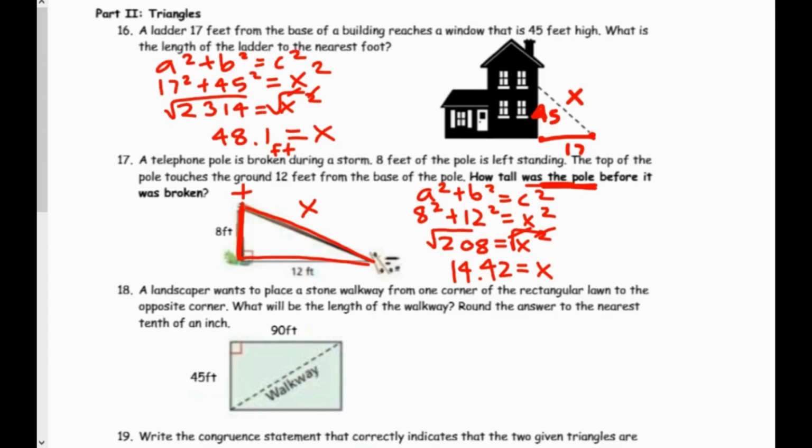Okay, so the pole is going to be 8, that's standing up, plus 14.42, that's going to give me 22.42 feet. Okay.